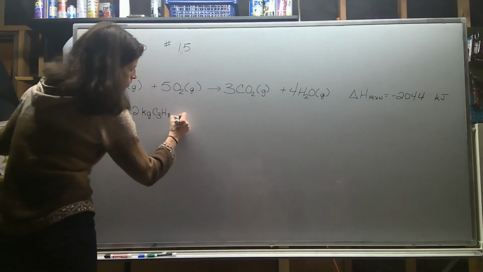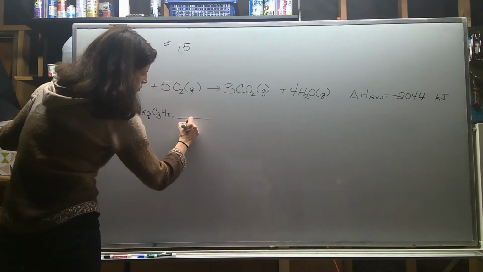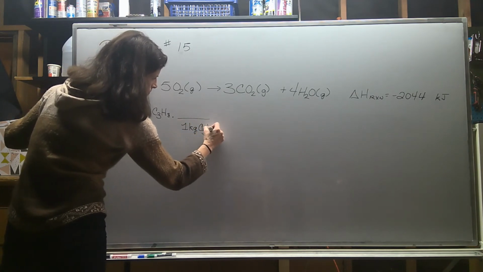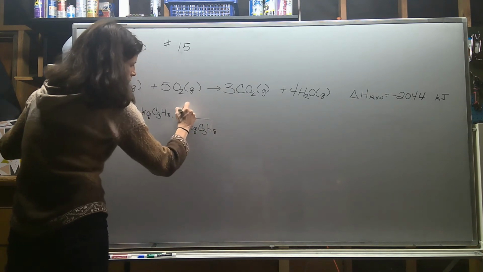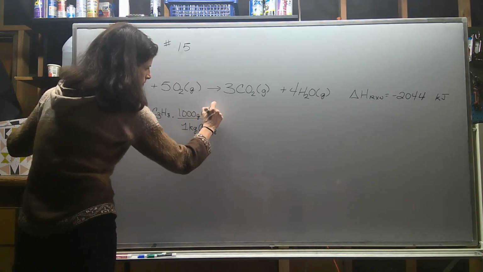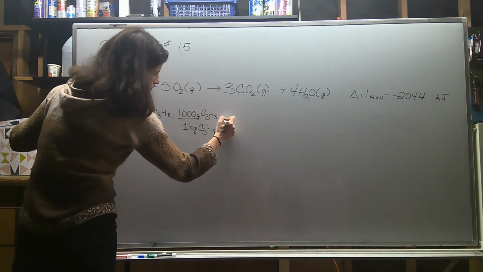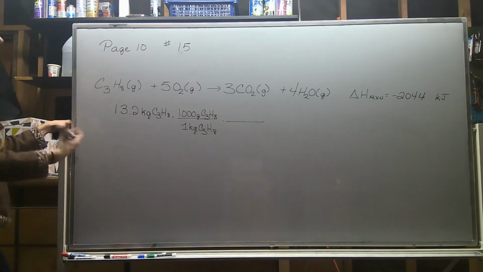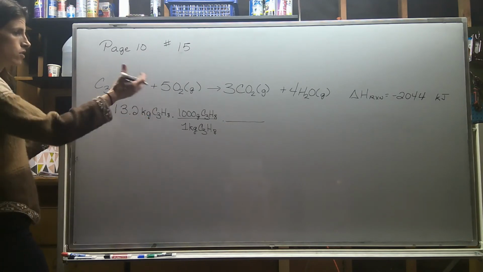First step is to convert the kilograms to grams. So there's 1,000 grams of propane in 1 kilogram of propane. After that, we're going to use the molar mass of propane to turn it into moles.